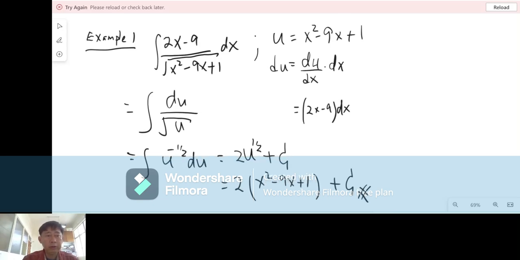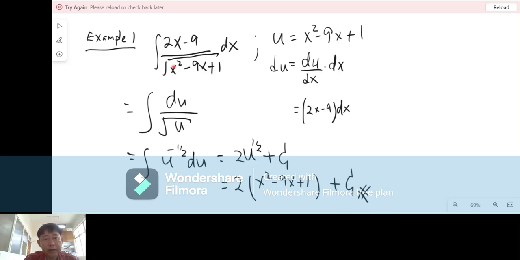As a conclusion to this video, we have shown you how to perform the integration of this algebraic function, which is made up of a numerator function and a denominator function. We pick the right substitution of u equals x squared minus 9x plus 1, which happens to be the expression in the square root of the denominator function.